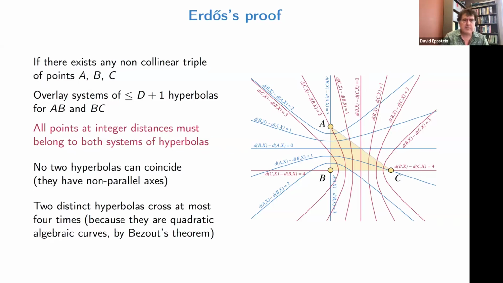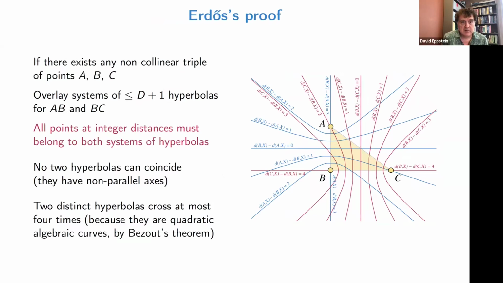And if you have two hyperbolas, even the degenerate ones, two hyperbolas can cross at most 4 times. You can have at most 4 crossings for any two hyperbolas because they're quadratic algebraic curves, and curves of degree d cross O of d squared times. Here the degree is 2. There's 4 crossings, 2 squared.